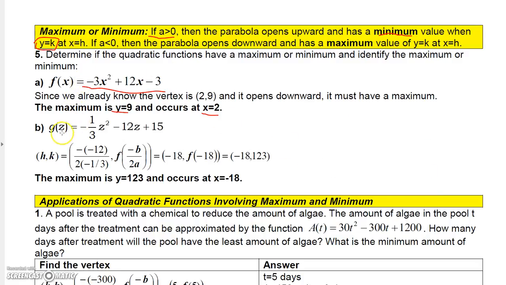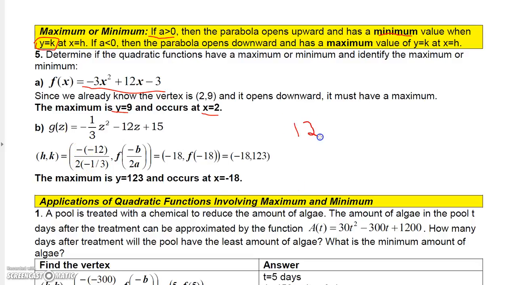Now, this particular parabola, it opens downward as well, okay? And if you use the vertex formula here, you'd have minus b over 2a, so you'd have minus negative 12 over 2 times negative 1/3. Well, that's going to be 12 divided by negative 2/3.